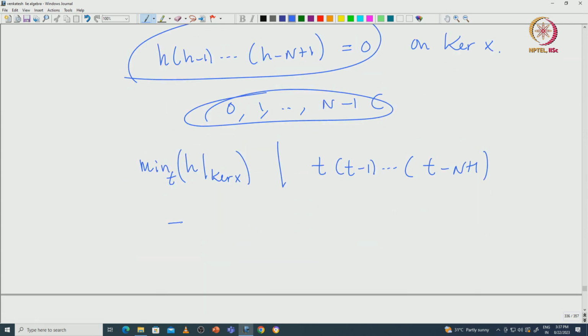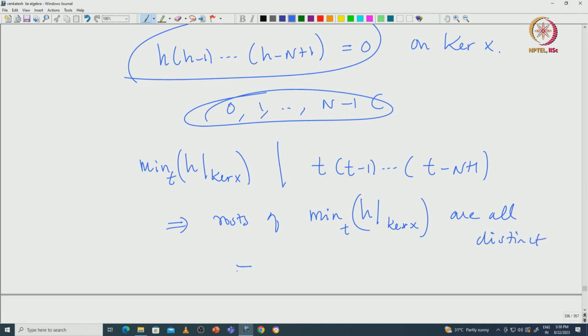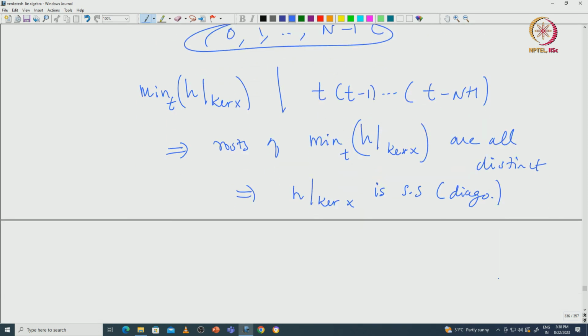That implies the roots of this minimal polynomial are all distinct, and that implies that h restricted to kernel x must be semisimple or diagonalizable. Okay. So, this proves that h restricted to kernel x must be diagonalizable. In particular, we can get an eigenbasis, so that completely diagonalizes h.